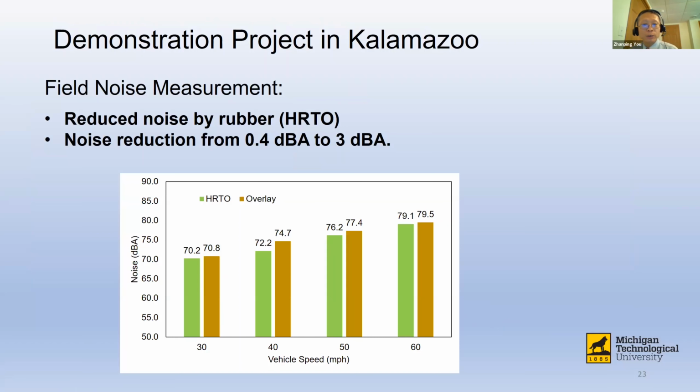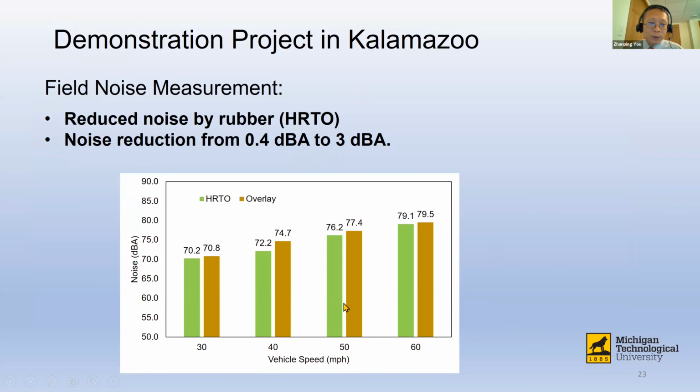The noise level has been reduced quite a bit. What we are trying to do is compare apples to apples: the new asphalt rubber material versus a new conventional overlay. We can see the noise reduction is up to 3 dBA.